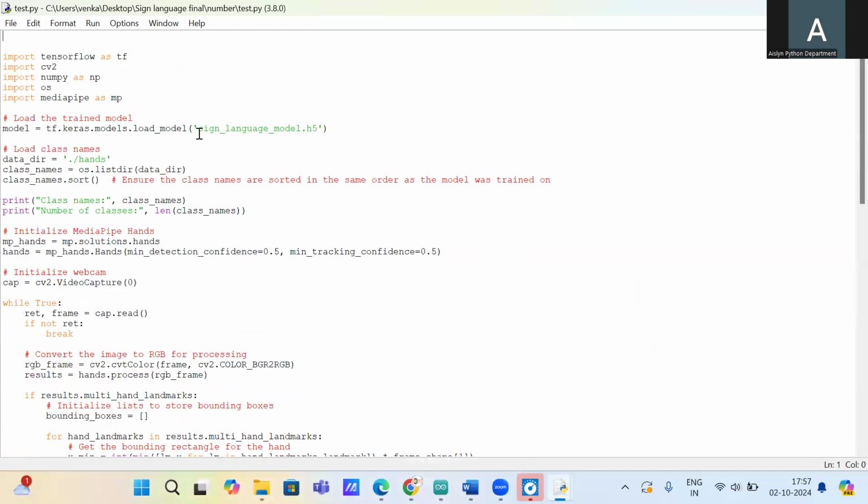Both of them are here, at least the full point for testing the numbers. I'll run this now.